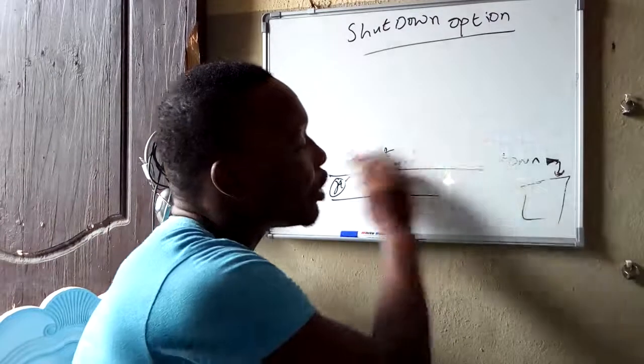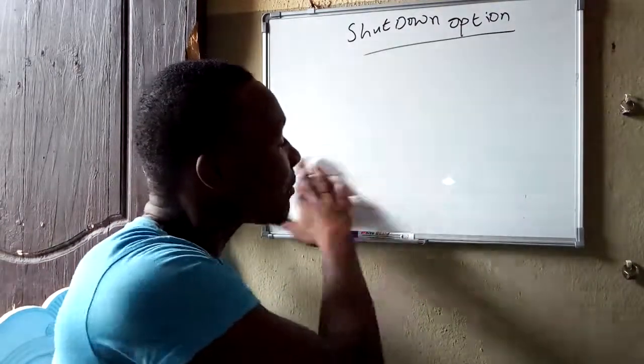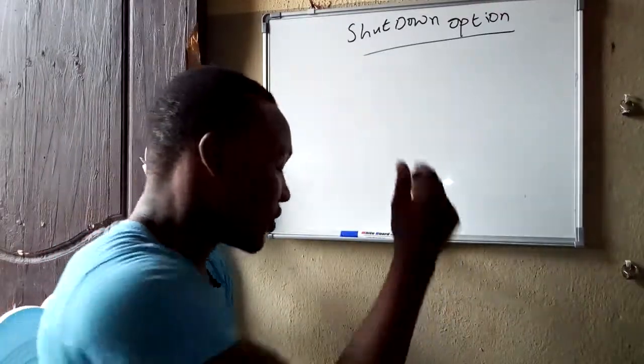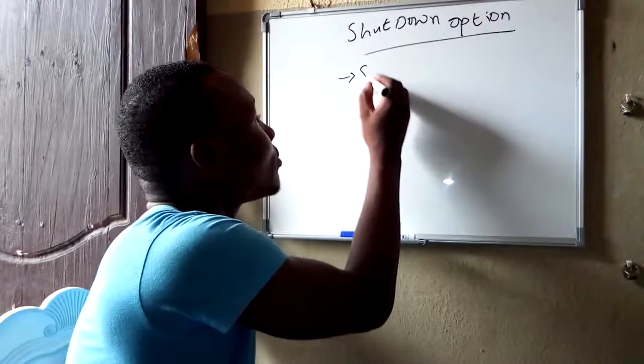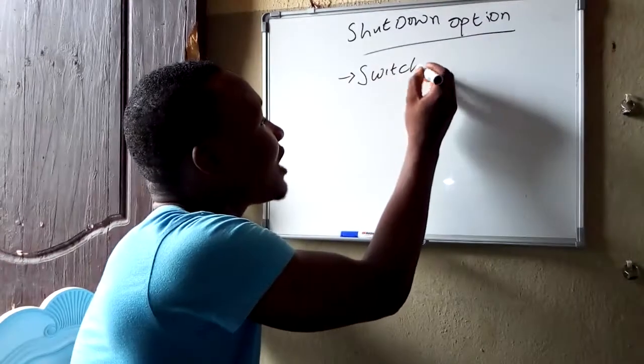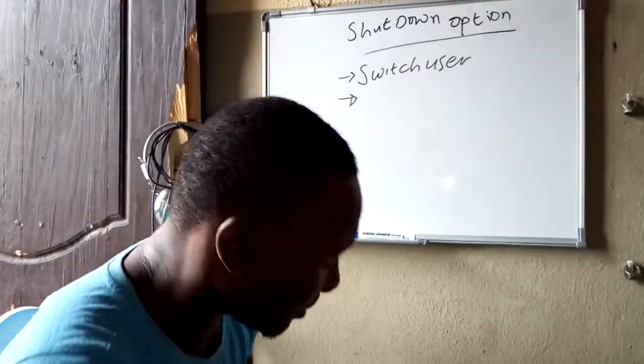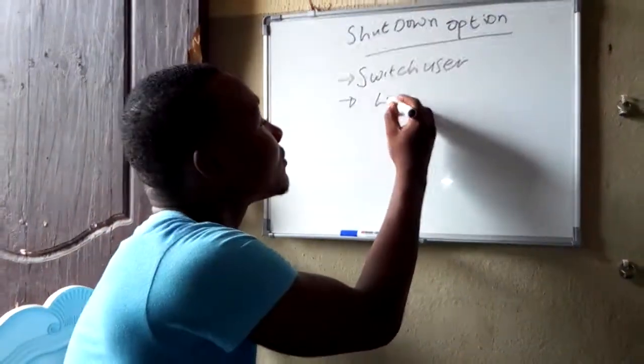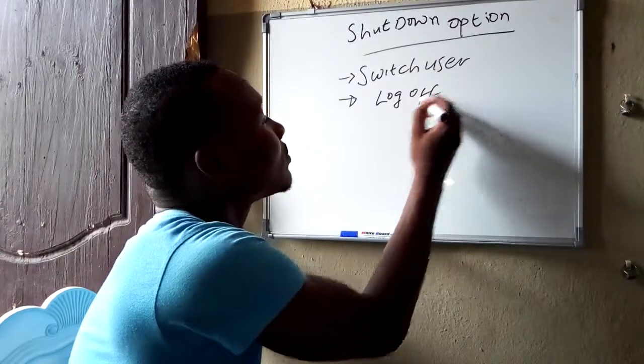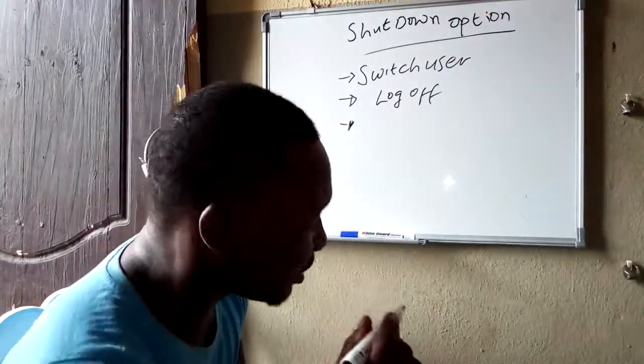In this dialog box, we'll see something like this option. I know you've seen this option before. You see the number one, you will have the switch user. Number two, we have the log off. Number three, I think we have the lock.